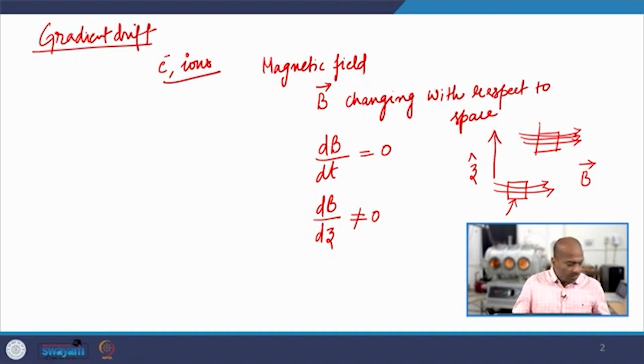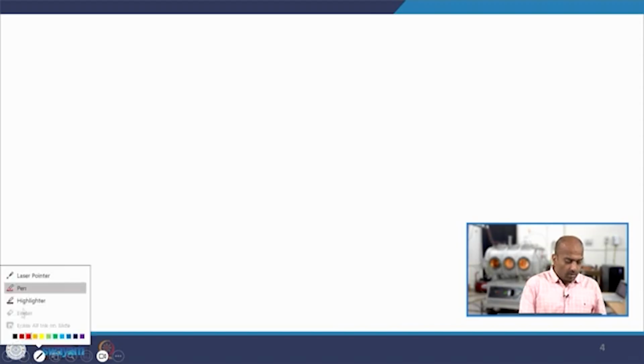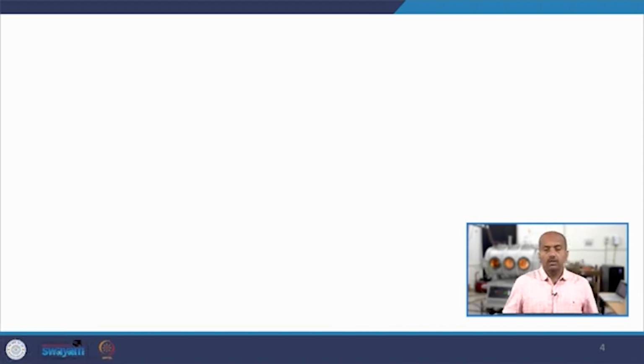So, our motivation in studying this is to be able to derive an expression for the trajectory of a particle, or an expression for the generalized drift, in a situation when the magnetic field is changing with respect to space.